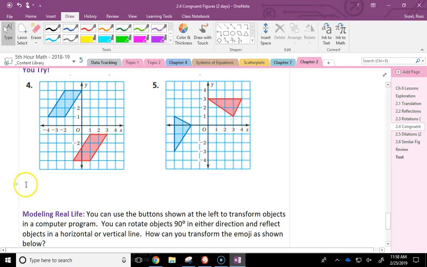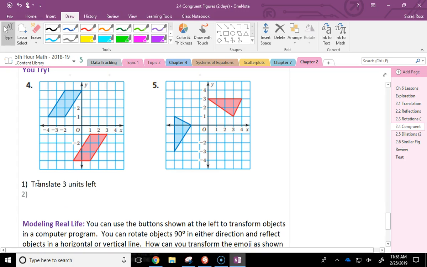So our answer on number 4, you would first translate 3 units left, boys. And second, we translated 5 units up.